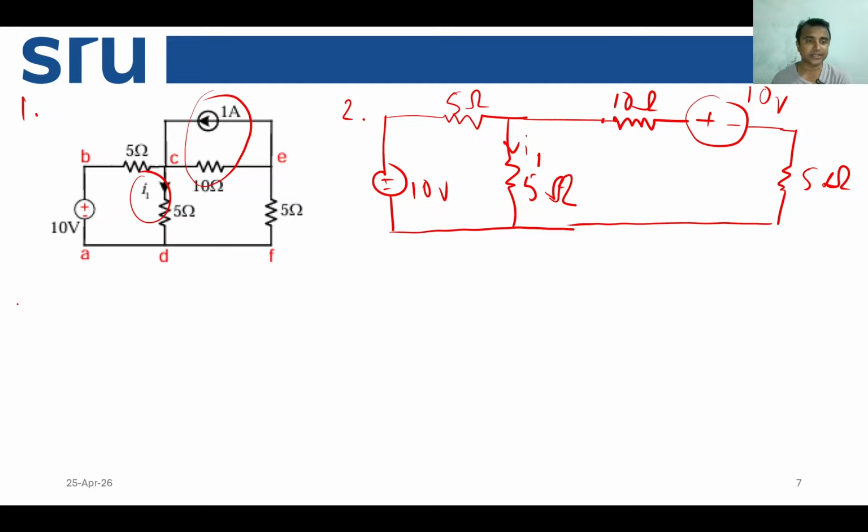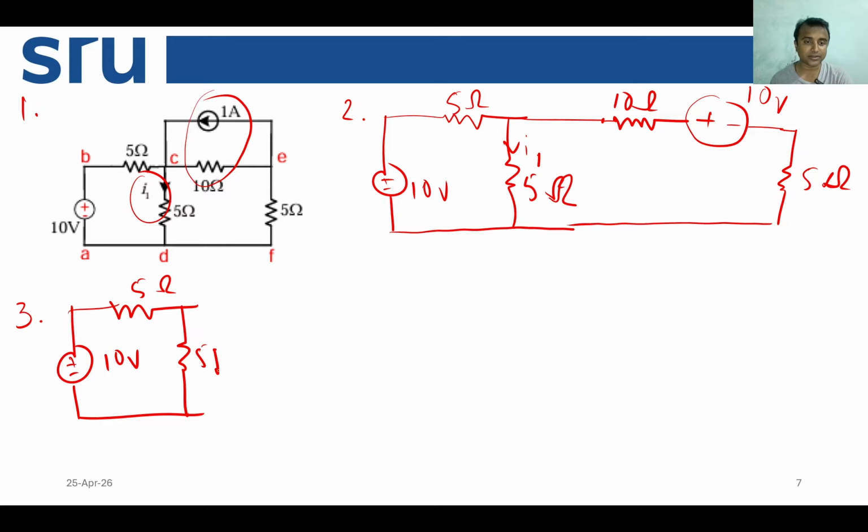Okay. So now you can simply see that, I told you that you need to convert this. So let us simplify this first, then we talk. So this is 5 ohm, this is 10 volt, then the target resistance of 5 ohm, this is I1.